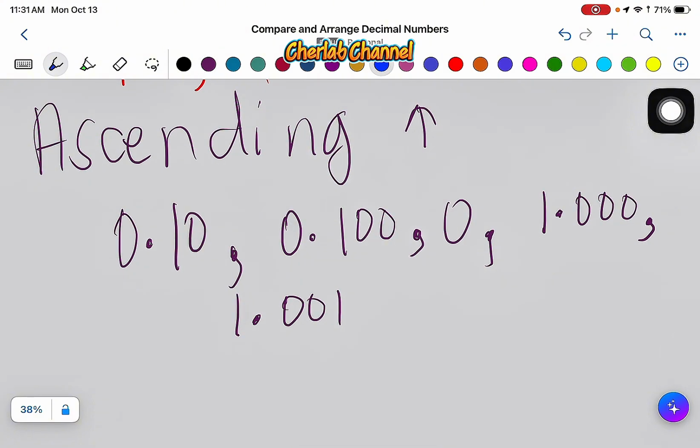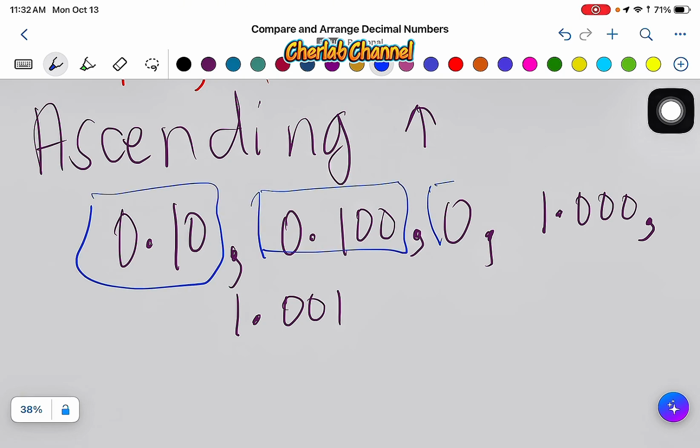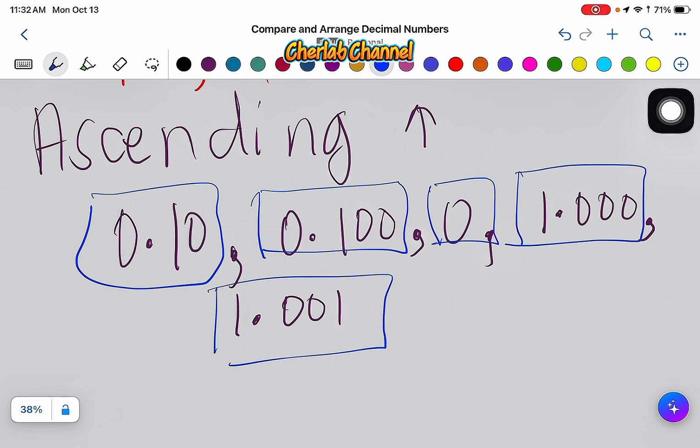Ascending means from lowest to greatest. So, hanapin natin pinakamababang number. First, group it. I-group natin. Yan, para di kayo malito. Pwedeng ganito yung technique. And then next, focus on the first digit. 0, 0, 0, 1. Ito, X na kagad yan.